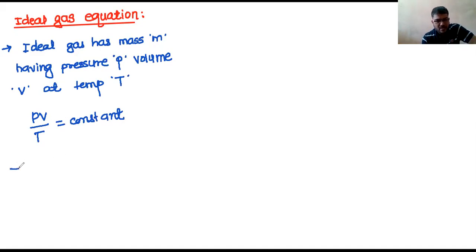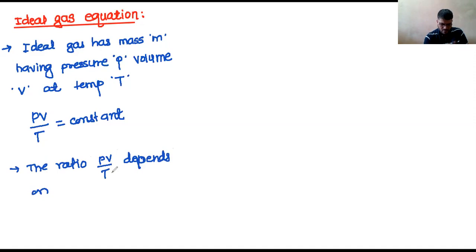And see here, the ratio PV by T depends on the nature and mass of the gas. Okay, next.